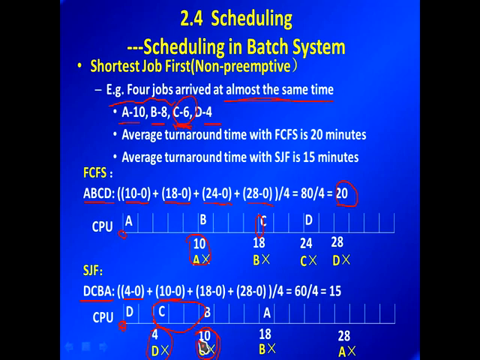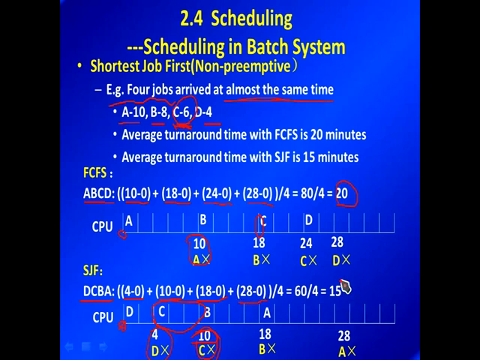You get the turnaround time by subtracting 0 from the completion time. Similarly, the turnaround time for job B is 18, and for job A is 28.